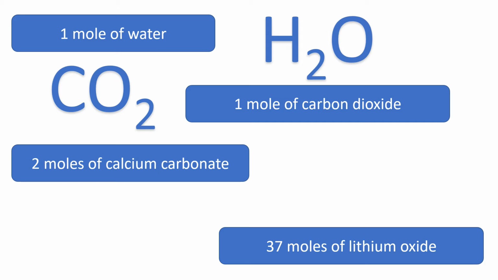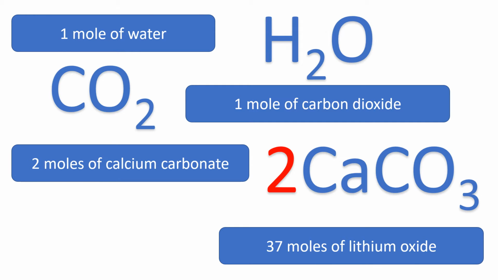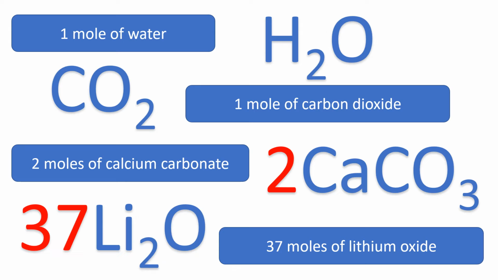Well, calcium carbonate is CaCO3. If I had 2 of them, I would write the 2 in the front, so it's this bigger number. If I had 37 moles of lithium oxide, I would write 37 Li2O. So we're looking at the larger number to give us the information about the number of moles within a chemical formula.